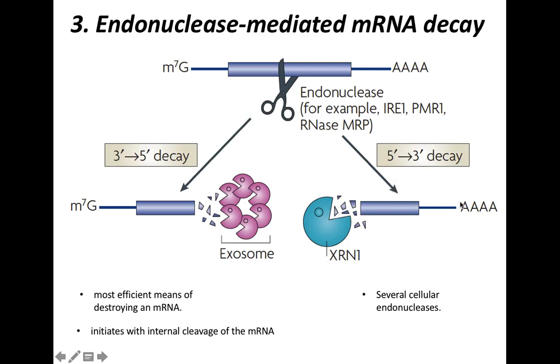So this is the most efficient mechanism of destroying an mRNA molecule, and several endonucleases are involved in cleaving the mRNA molecules in the middle, which is followed by both of these two processes, the 3' to 5' decay and the 5' to 3' decay.